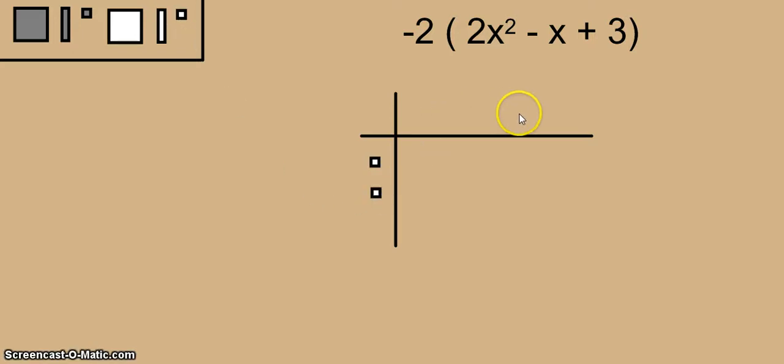And then going across the top, we will model our trinomial 2x squared using 2 big shaded tiles, subtract x using 1 unshaded rod, and positive 3 using 3 shaded unit tiles.